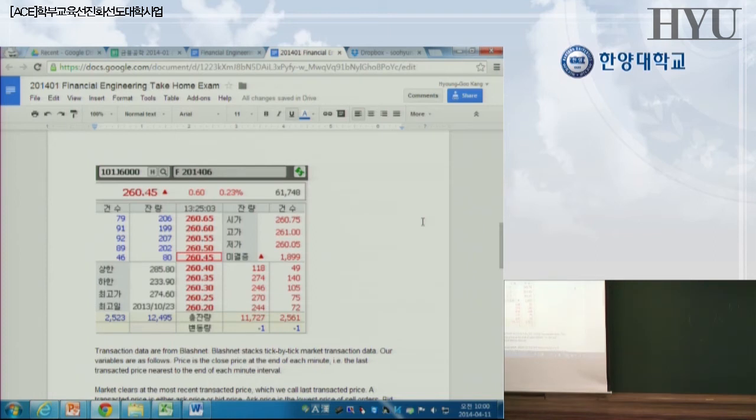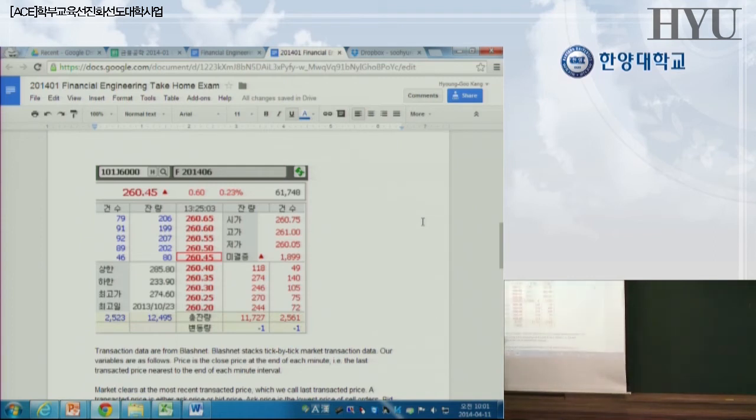Then there is a higher price, 260.50, with 202 sell limit orders, such that if the price is above this one, let me sell my stock. But unfortunately the stock price is below this one, so these 202 orders are not executed.